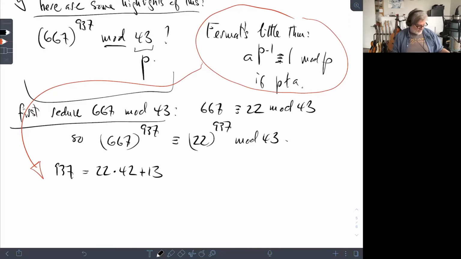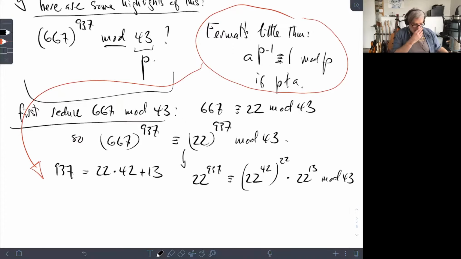Let me do just this piece slowly. So it means that 22 to the 937 is the same as 22 to the 42, to the 22, times 22 to the 13 mod 43, right? And Fermat's little theorem says this is 1. This is gone.